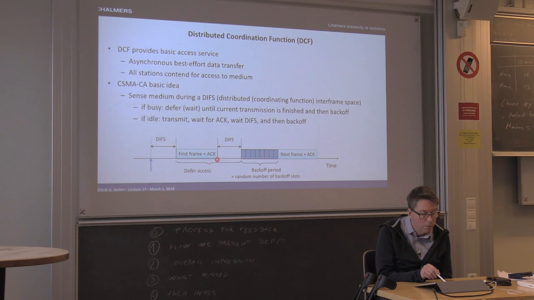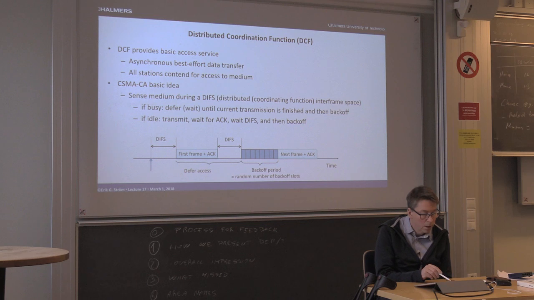After the transmission of the frame and the ACK has finished, the transmitting node and all other nodes need to wait for another DIFS of idle, and then all nodes back off until the next frame can be transmitted.